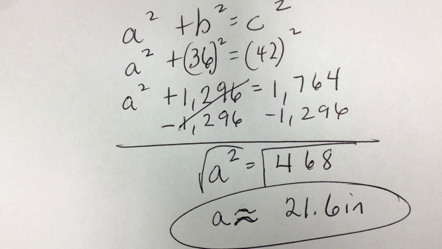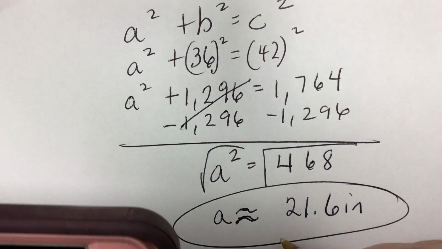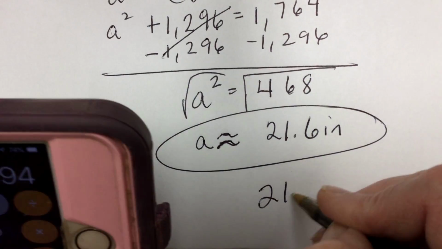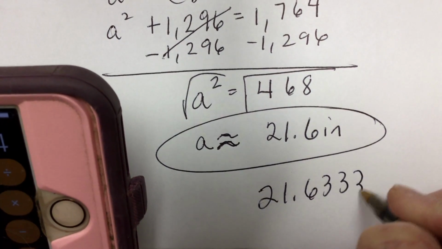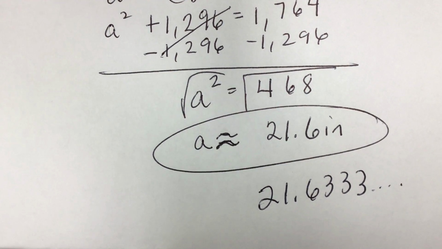On your calculator, it gives you something like 21.6333, and the list goes on.